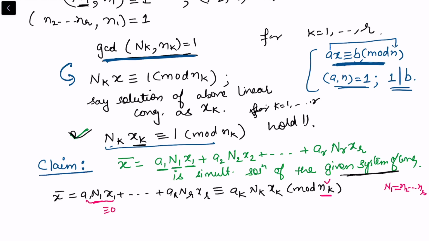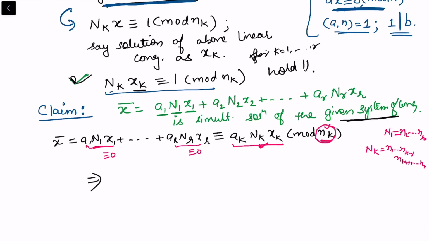Similarly, all the other terms will be 0 except this term, because in capital Nk we are skipping nk, we have n1 up till nk minus 1, and then we start multiplying k plus 1 till nr. So except this term, all the other terms are congruent to 0, because nk will be appearing in them. So we further see that using this quantity Nk xk is congruent to 1 modulo nk.